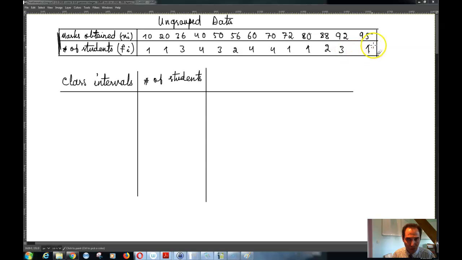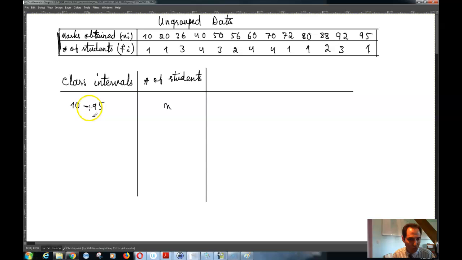I would not have access to any of those particular marks. I would have access only to one single class, so if I write 10 to 95 and then the sum of these numbers as the frequency, there is no way for me to know if, for example, 40 was originally in my numbers or not, or if 70 was.